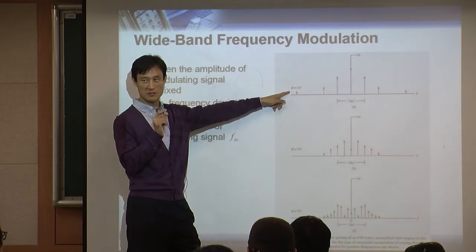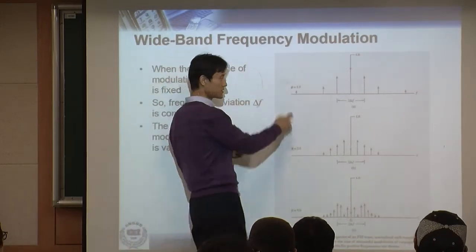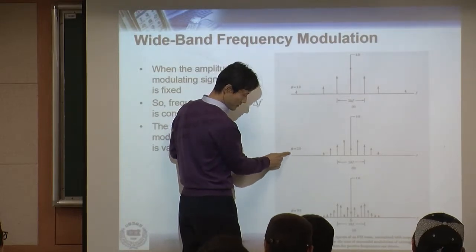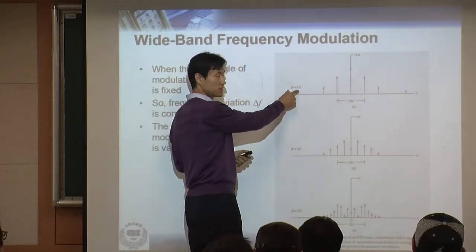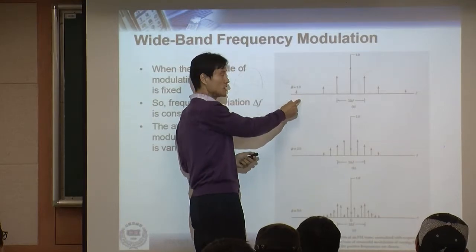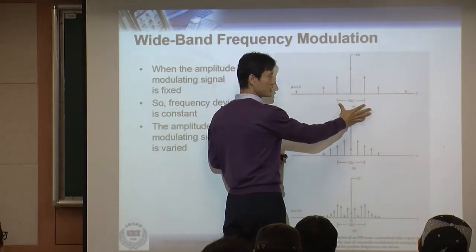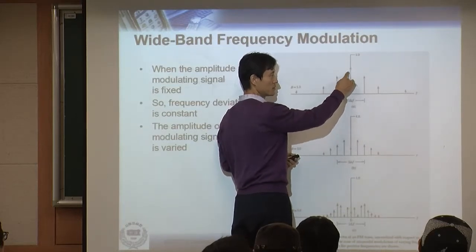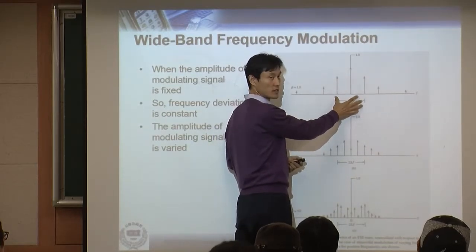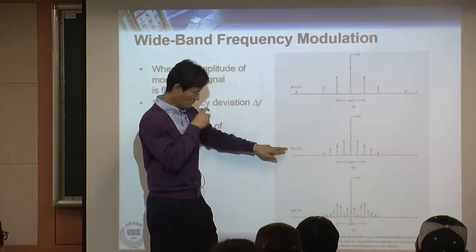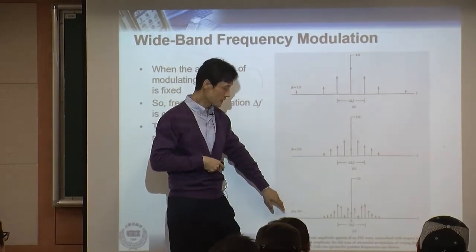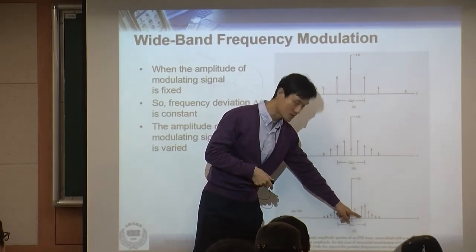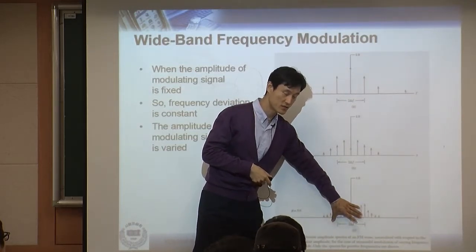Remember? Beta was a small value. This is a large value of beta, but this is a relatively small value. With this small value, you see that within this delta F you have only a small number of impulses. In this case, only 3. However, if you increase the beta, now you have a lot of these impulse responses within this delta F.